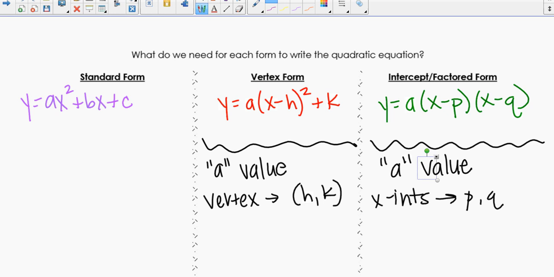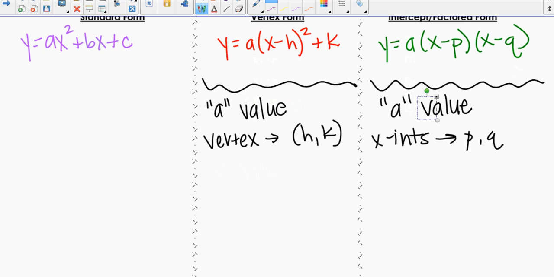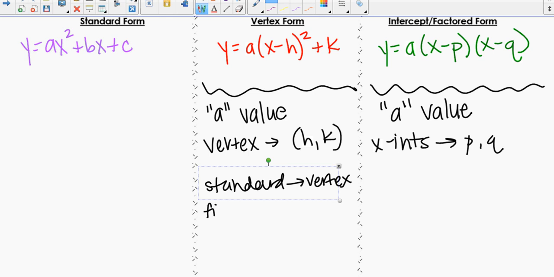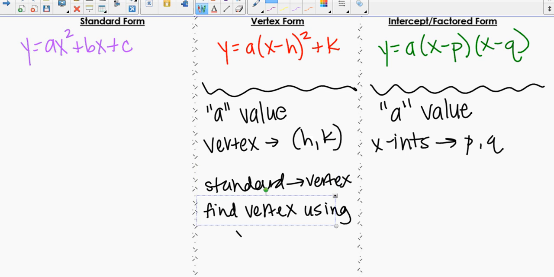Okay. Now, remember, if you are coming from standard form to vertex, then you need to find the vertex using x equals the opposite of b over 2a, plug it back in, go from there, right?